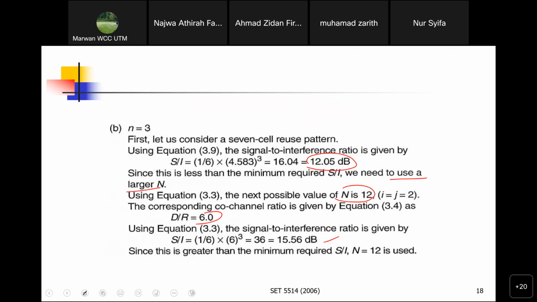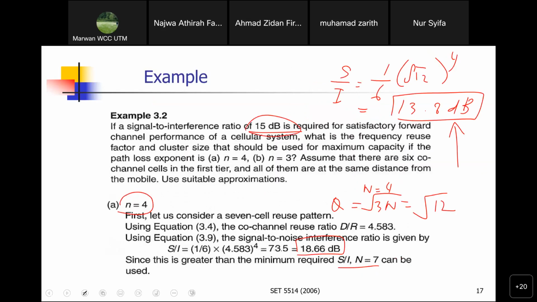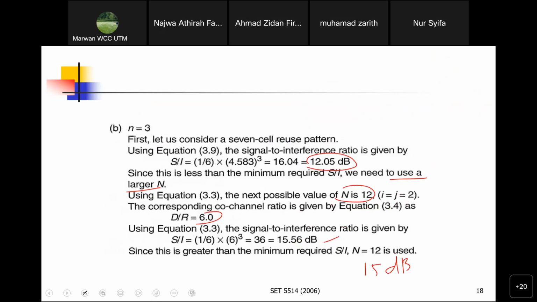This requirement is 15 dB, right? So if you are using 12, you are at least just above the requirement. So for n equals 3, you cannot use a 7 cell reuse pattern, but you have to use a 12 reuse pattern.